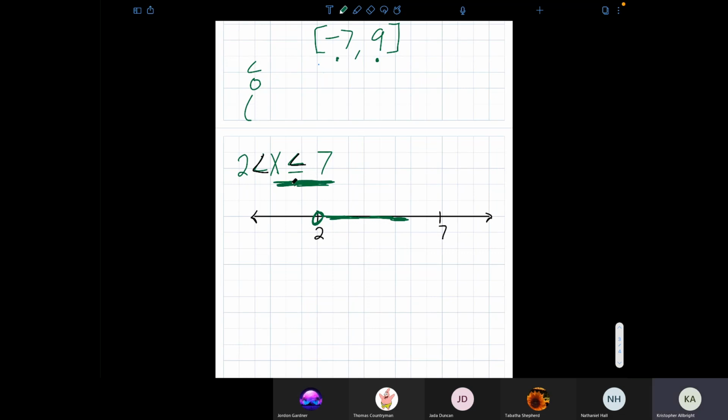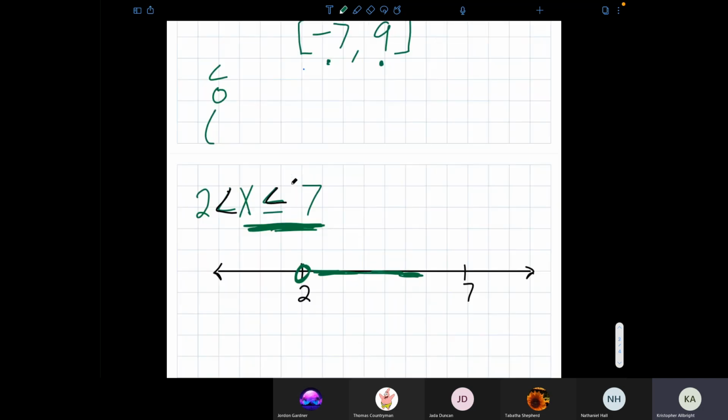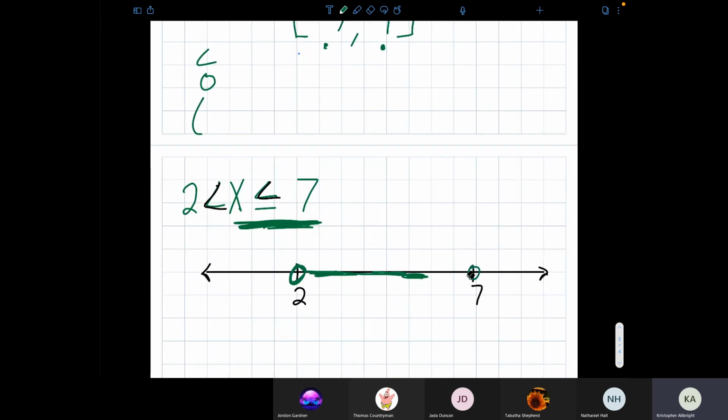So now we're dealing with X is less than or equal to 7. So X is on the left side of it. I'm going to use a closed circle here because we have the extra mark here. And now we say X is less than, so it's to the left of it. So now we meet them and we end up like that.